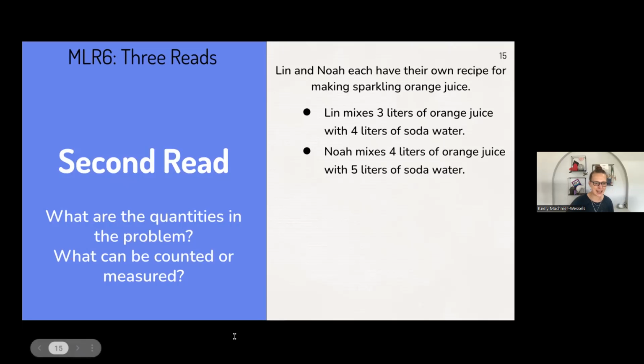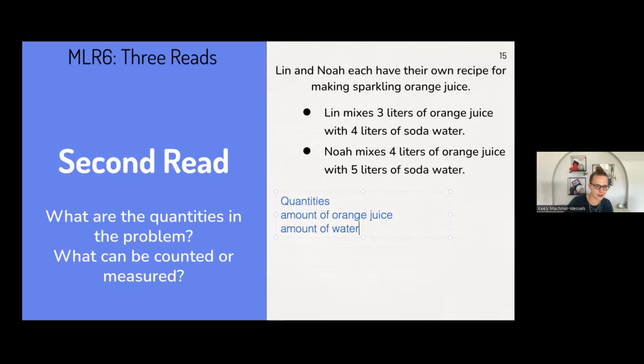Okay. So you can add into chat or feel free to unmute, whatever you prefer. But what are the quantities in this problem? Okay, so we've got an amount of orange juice, an amount of water.